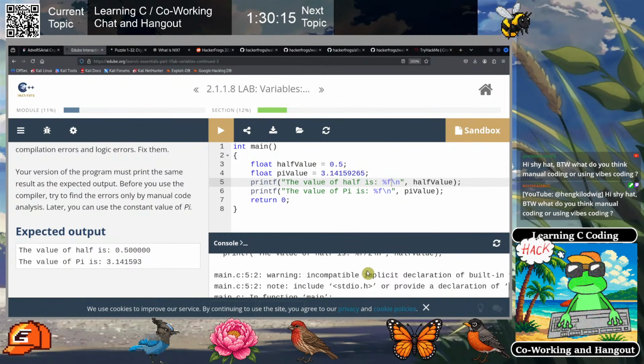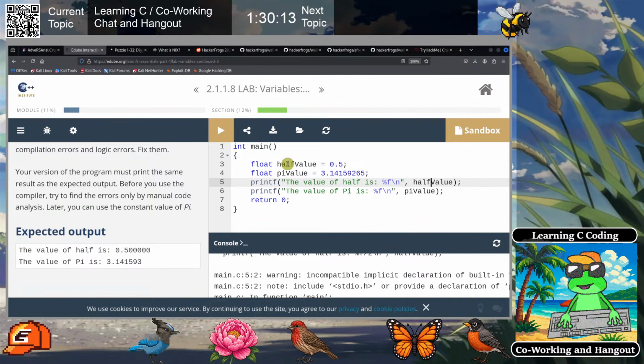No? Still not good? So half value is here. So this is a float. And pi value, just make sure that the spelling is correct.